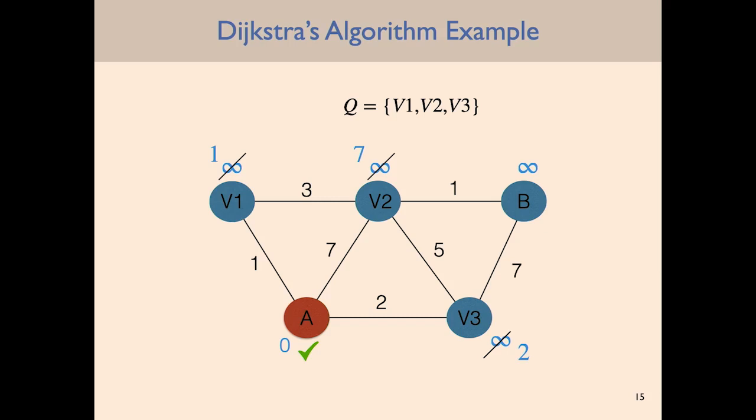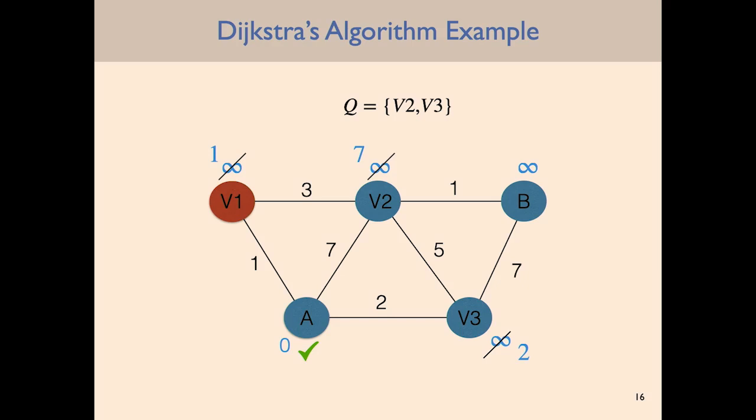And then we take out the vertex that has the smallest estimated cost to come, which was 1, corresponding to V1. And then we explore its neighbors. It has only 2 neighbors, V2 and A. A is already fully explored, it's the dead vertex, so we don't need to do anything with the vertex A. So the only alive vertex is V2.